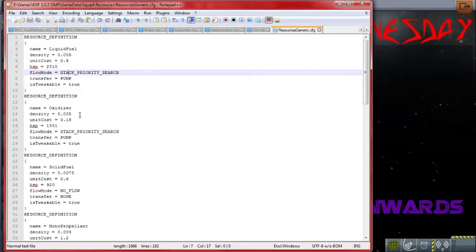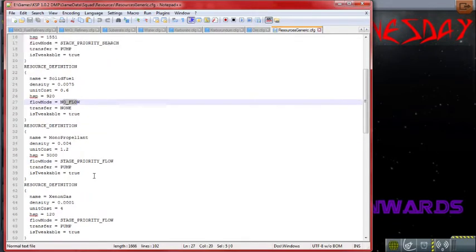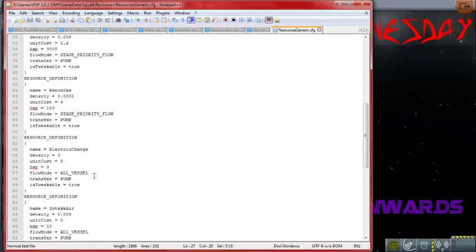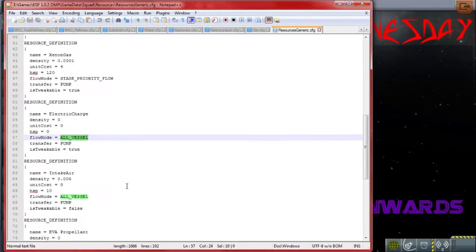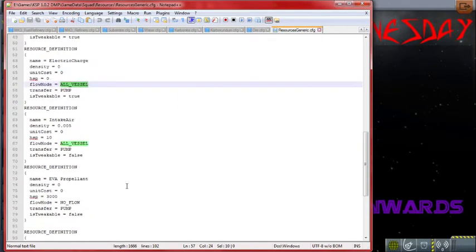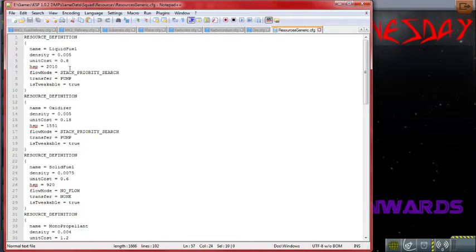Flow mode has a few different types, stack priority search being one, no flow being another, and, if I can find it, there we go, all of vessel. I'm sure there's another one in here somewhere, but anyway, stack priority search basically goes through your rocket stack as the normal fuel draw progression.